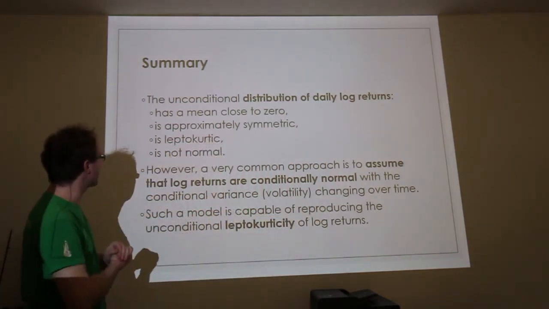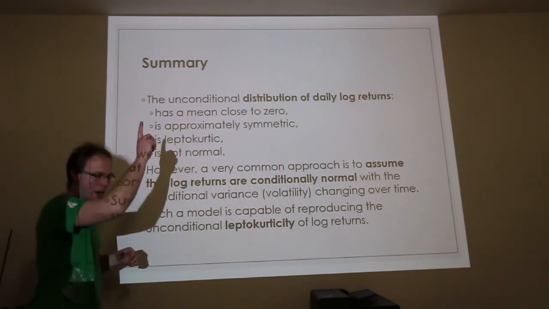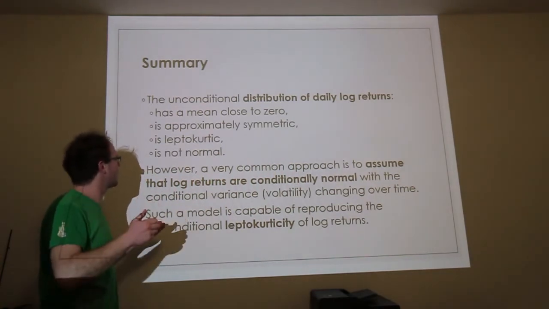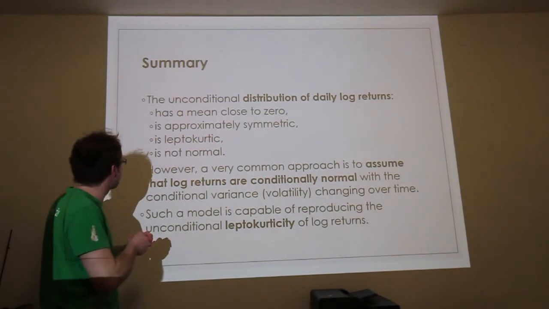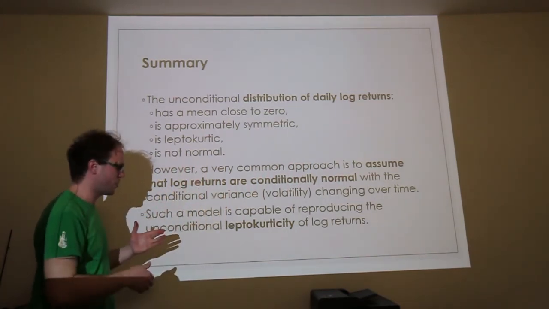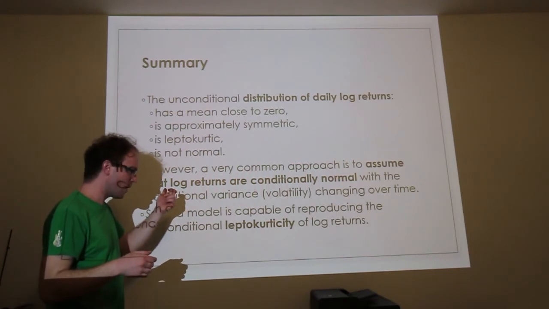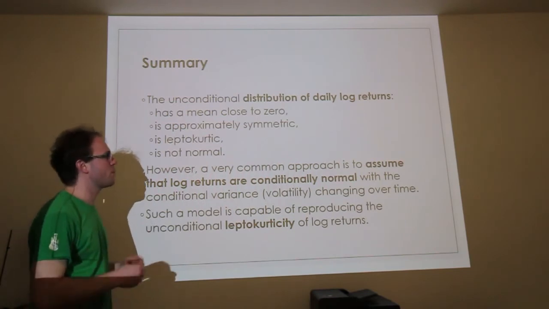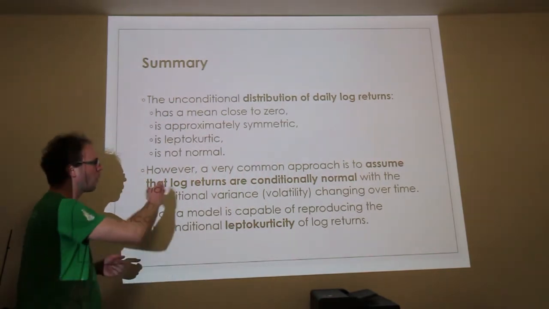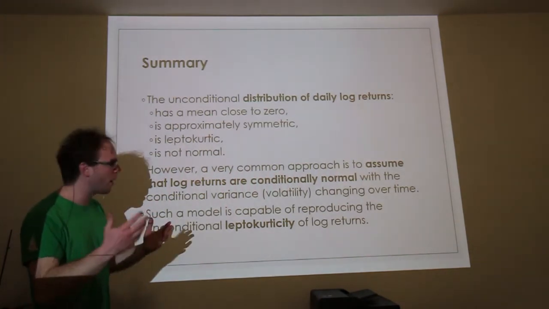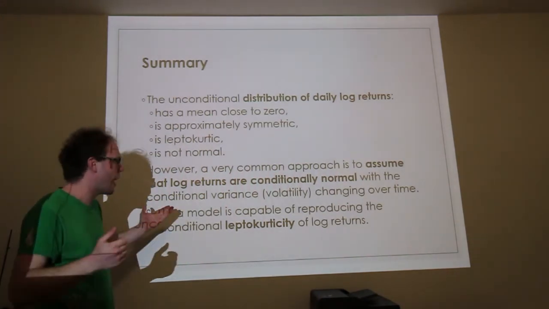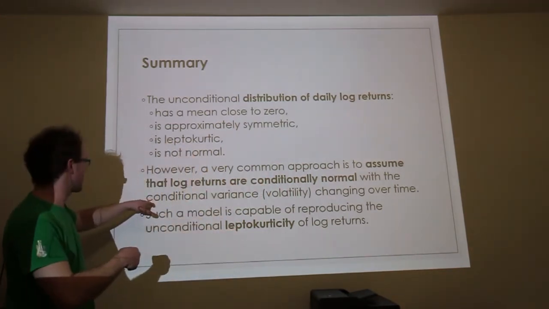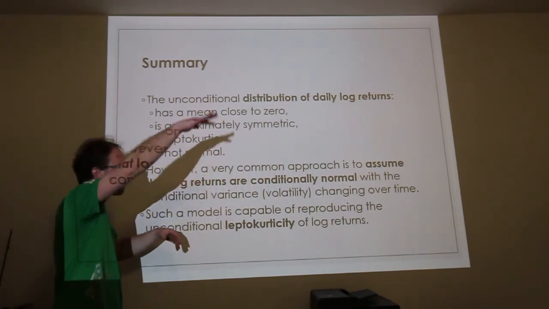It is leptokurtic and is not normal. In the case of the Jarque-Bera test, we could see that it was not a normal distribution because the Jarque-Bera test statistic was higher than 100. However, a very common approach is to assume that log returns are conditional normal with the conditional variance, volatility, changing over time.